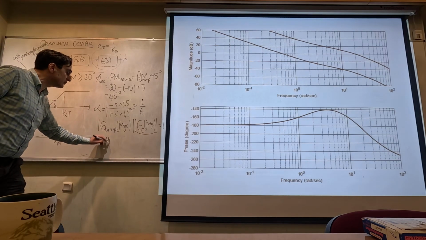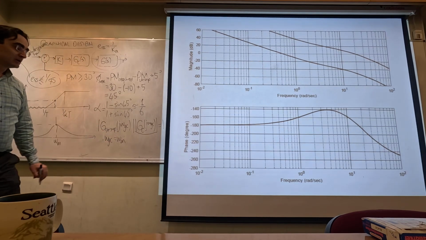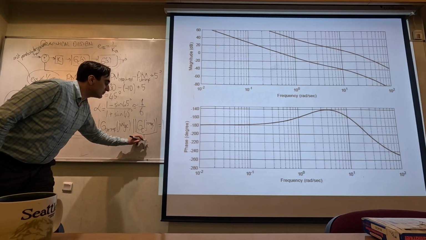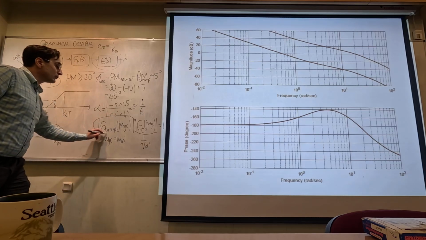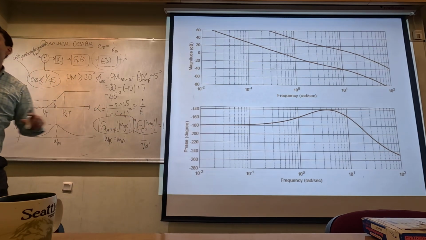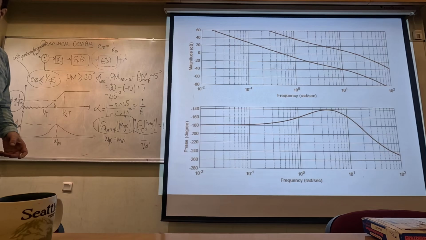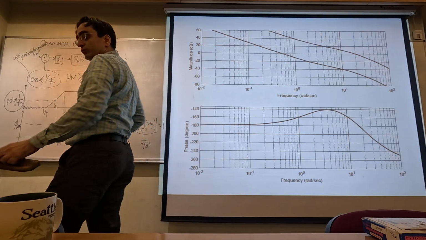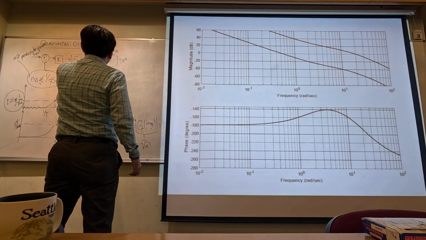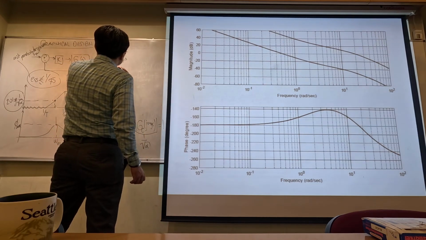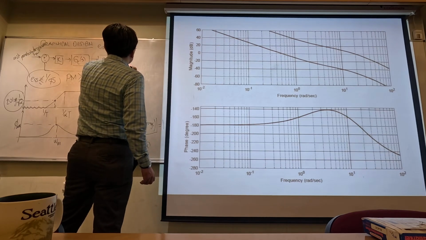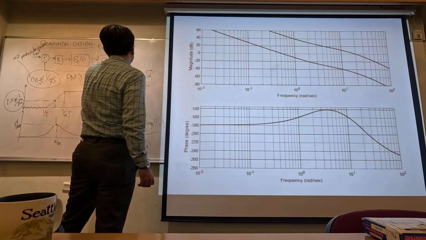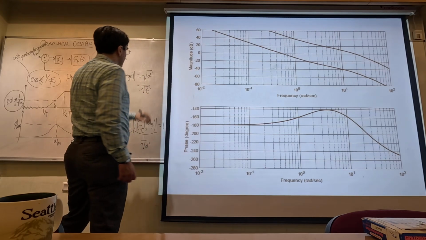I want to make omega GC equal to omega m. Okay? And at omega m, this magnitude is 1 over square root alpha. Okay? What should be the magnitude of the uncompensated system to satisfy this equation? Square root alpha. Okay? So this actually means that at the new gain crossover frequency, G uncompensated of j omega GC should be square root alpha. Okay? That is 1 over square root 6.